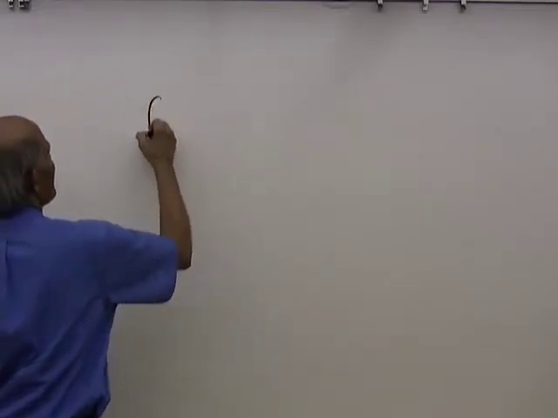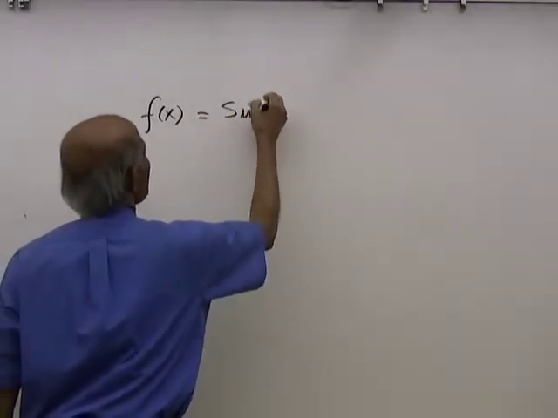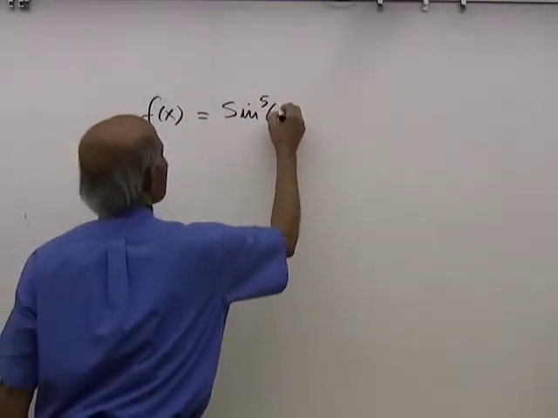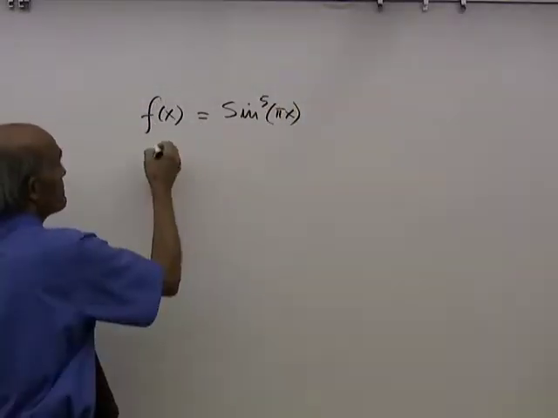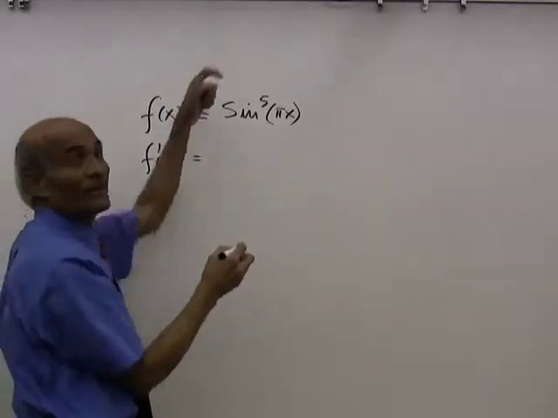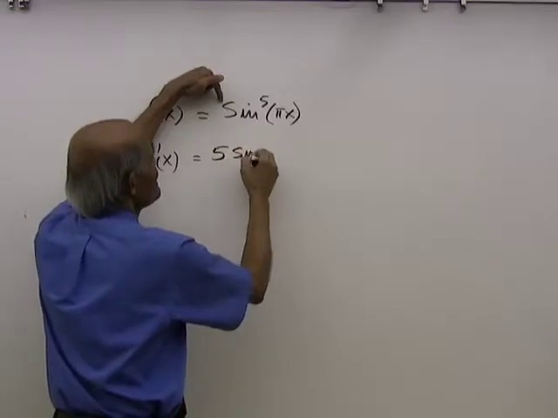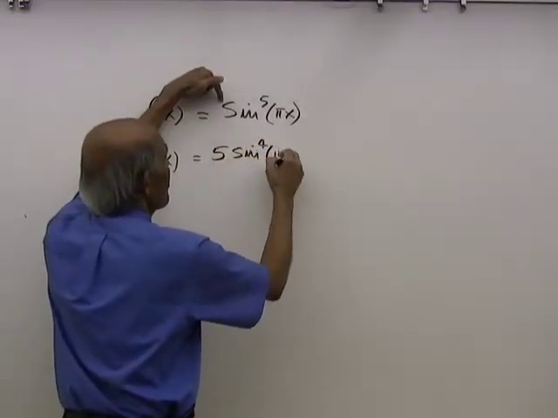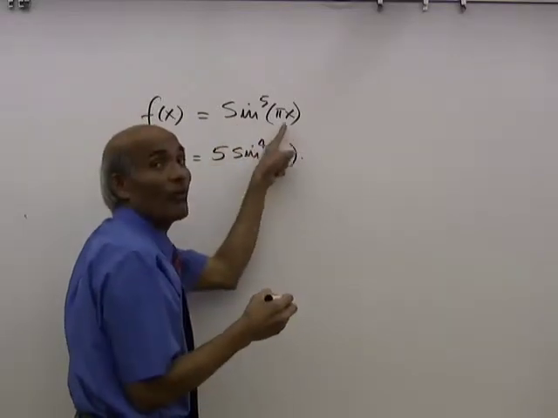Let's try one more of that type. Say f of x equal to sine to the power of 5 pi x. Alright, what's f prime x equal to? You can now tell me. Apply the power rule first. It'll be 5 sine to the power of 4 pi x times the derivative of what?